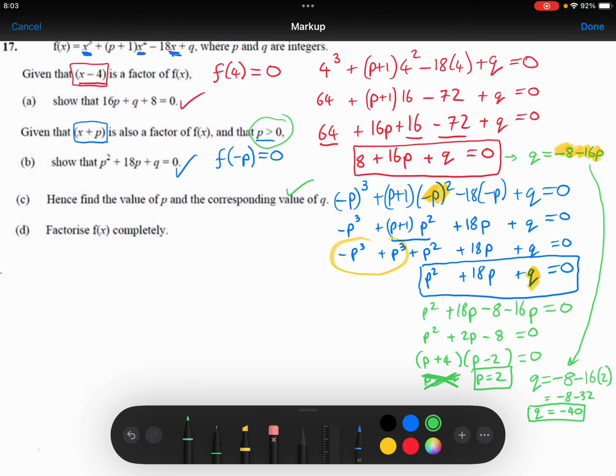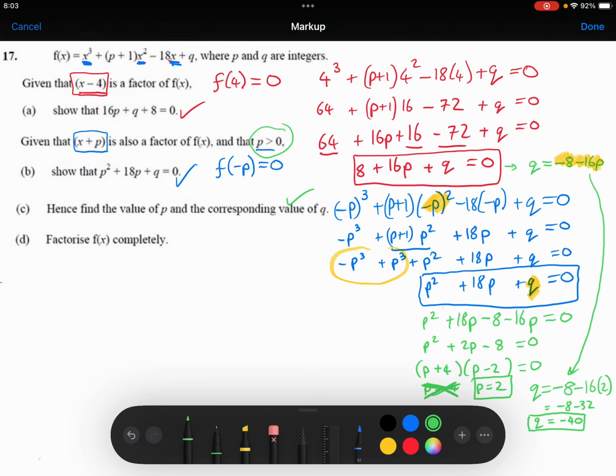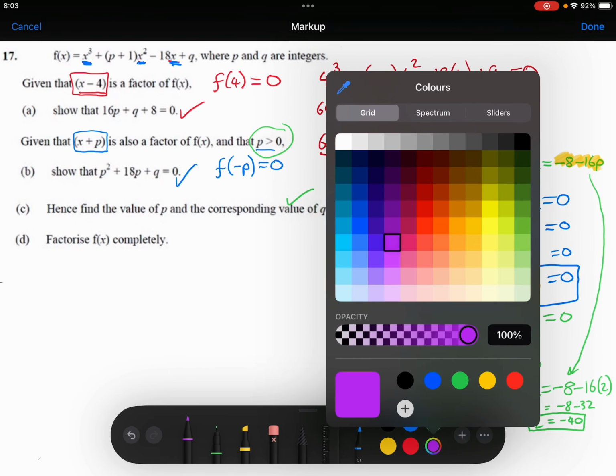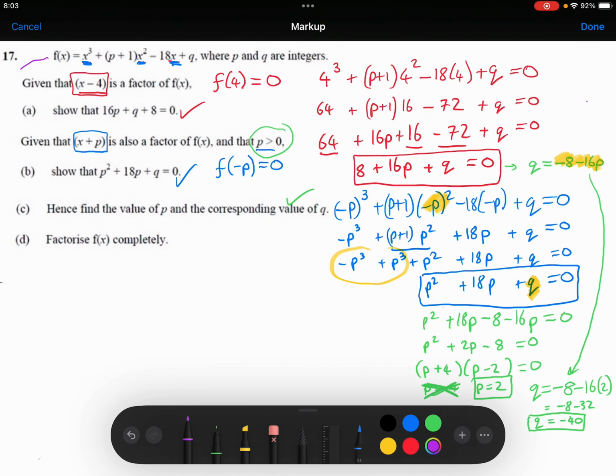Part D then says to factorise f of x completely. Because we now know what p and q are, I'm going to take this function down here and write it out now I know what p and q are. So f of x, we've got the x cubed. Now previously I had a p plus 1 x squared. We know that p is 2 now.